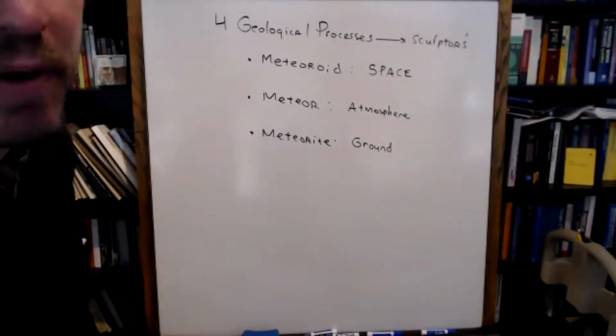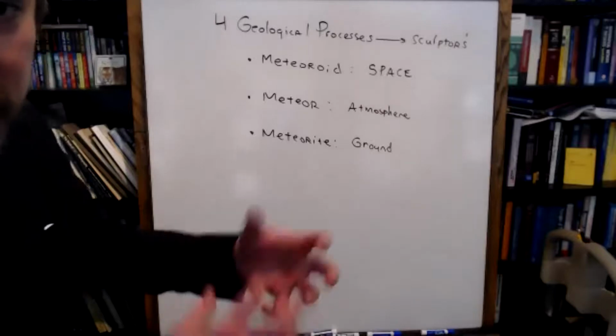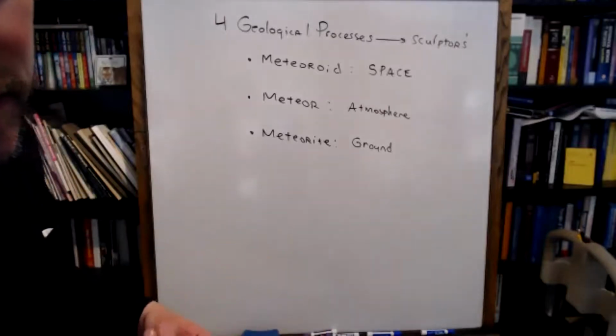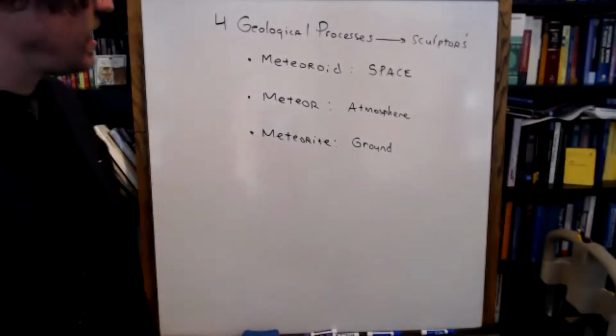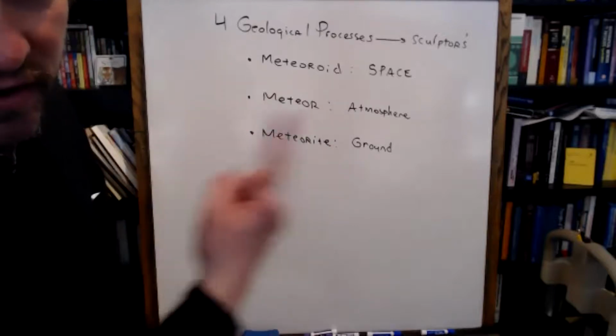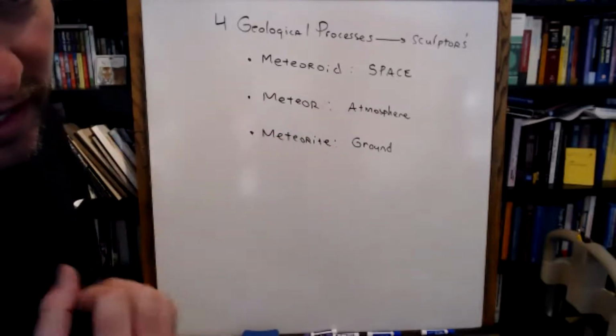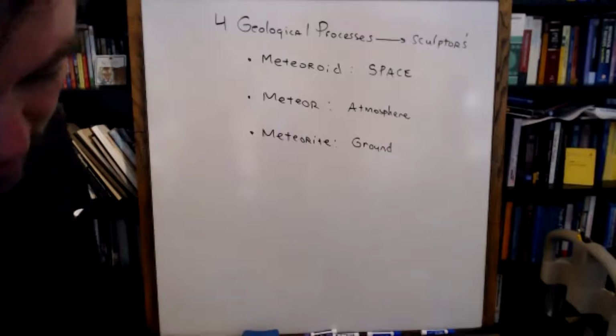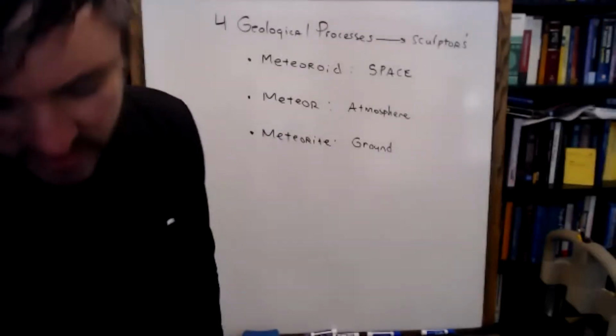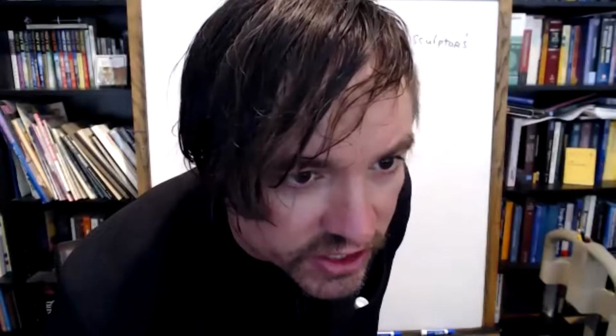They can also be parts of comets. Comets contain loose piles of rubble and rock at their nuclei, and they kind of get scattered in an ellipse around the sun. When Earth crashes into them, we get our meteor showers. But in general, we can just say meteoroid is a blanket term to talk about rocks that are coming from space.